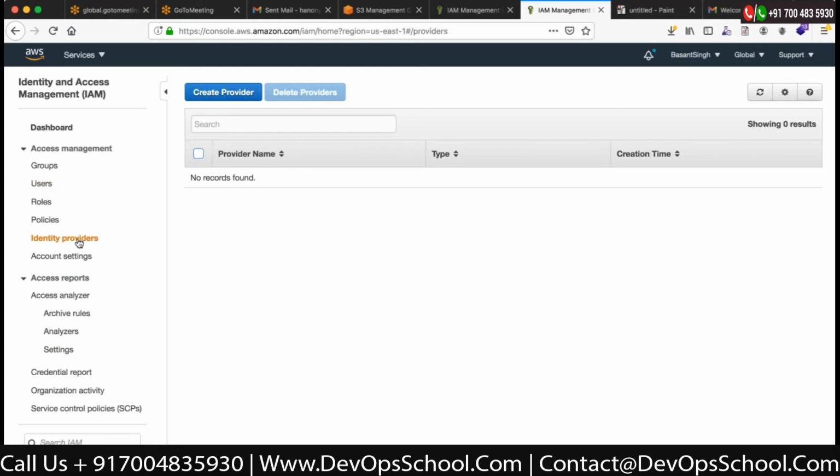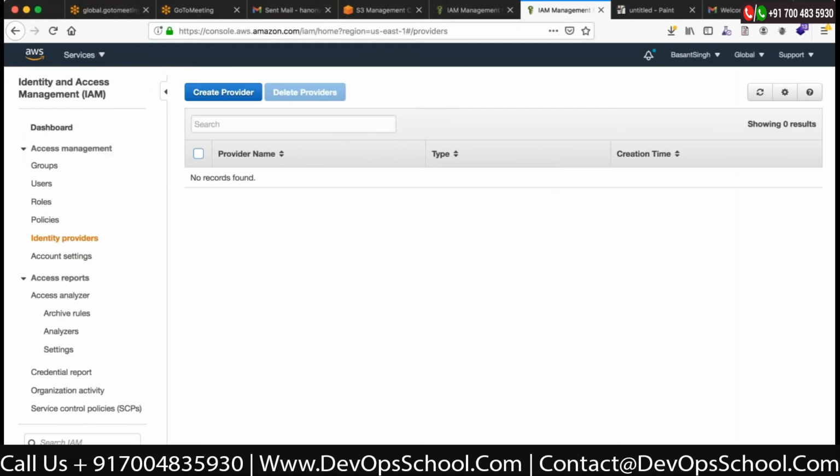So you mean, can we provide all the accessibility to the identity provider, all the policies, the same policies which we apply when we create through AWS? Yeah, you can apply the actions to the identity providers. Yes.